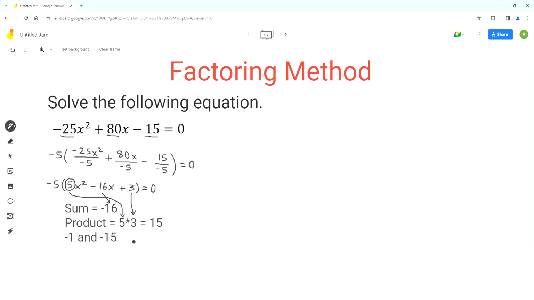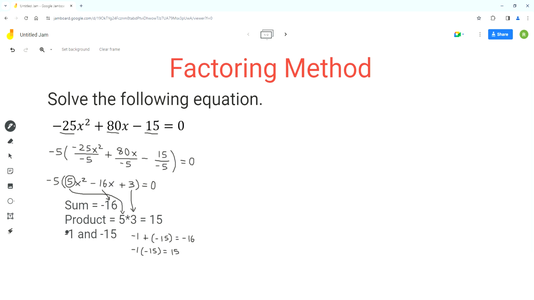This works because -1 plus -15 is equal to -16, and that's the sum we are looking for. And if we do -1 times -15, we get a product of +15. So the two numbers we are looking for are -1 and -15.